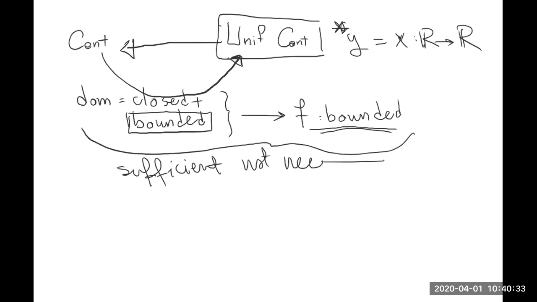Okay, let's look at this specific example we have here. It might be enlightening. We have this function y equals x squared from the interval 0 to 1 to the interval 0 to 1, and we want to say this function is uniformly continuous.